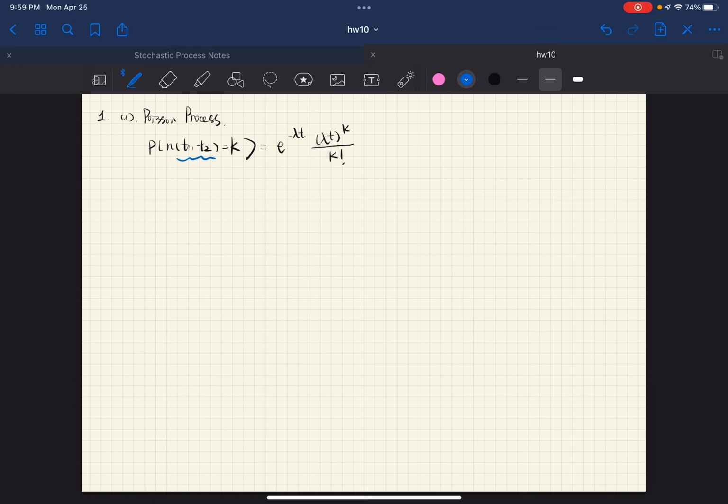And the first order probability mass function of the Poisson process is just the same formula stated above.